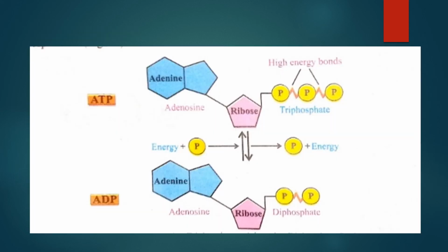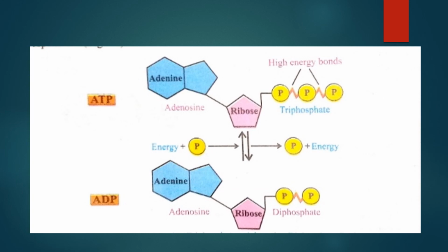Here we have the diagram of that cycle, the ADP-ATP cycle. Here you can see we have the ATP molecule, adenosine. This adenine and ribose are combinedly called adenosine. With adenosine we have a group of 3 phosphates, 1, 2, 3, so it is called ATP, adenosine triphosphate.